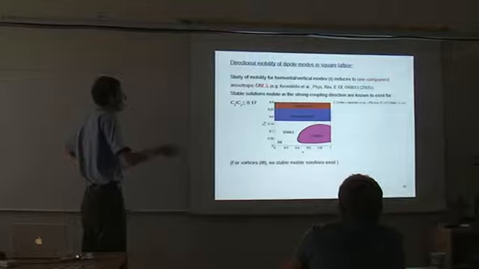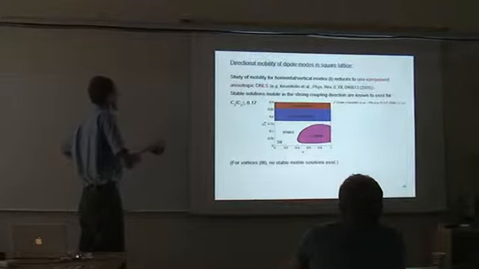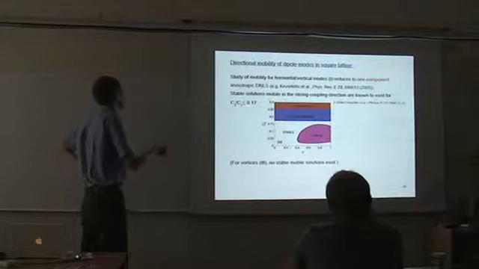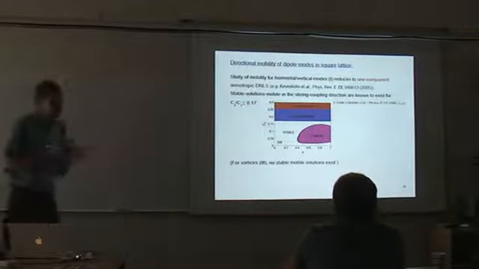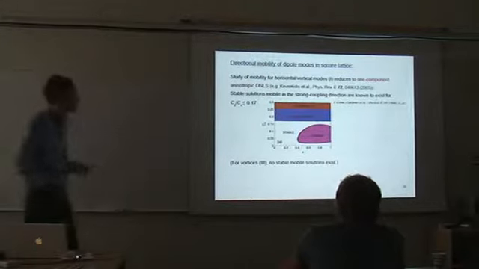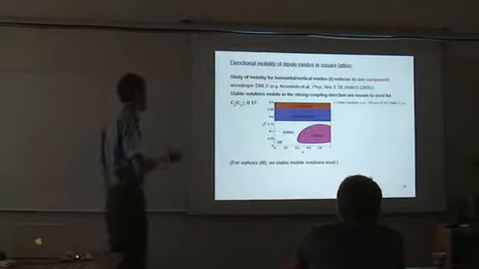And mobile in the strong coupling direction if you have sufficiently strong anisotropy. They found that if C2 over C1 is more than 0.17, you will get solutions that may move as the reduced symmetry discrete solitons that I showed in the experimental picture. So you have this treatment of stability.